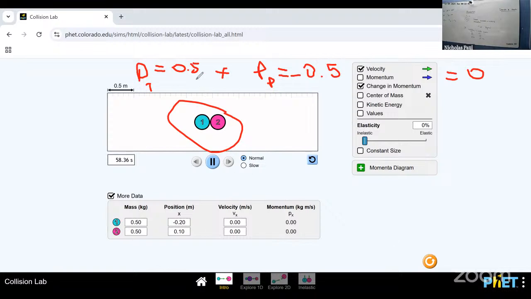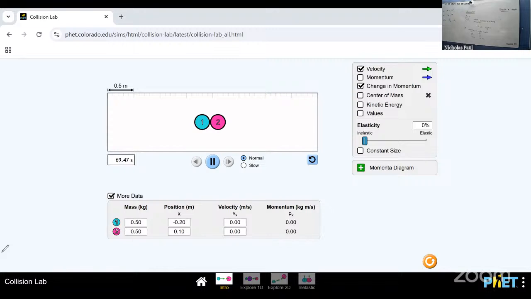All right? Let's change the scenario slightly and see if we can observe the same thing, right? Hold on. I'm going to up the mass a little bit. Let's put the mass as 1, right? Let's give them the same velocities. Let us reset. There, reset everything.